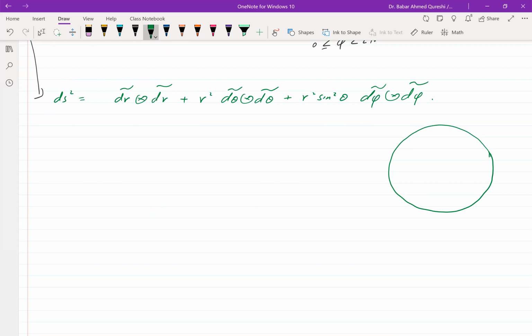This metric computes the scalar products in my flat space. Now I say I'm going to consider the tangent spaces. At each point, I have a tangent space. What are those? All those vectors which are tangent to the sphere at this point. And then I see how this metric looks on those vectors.